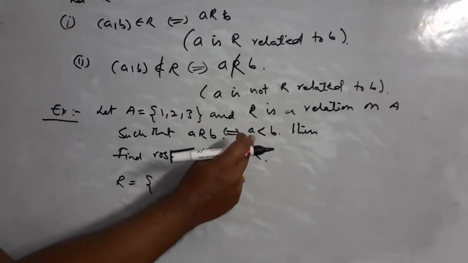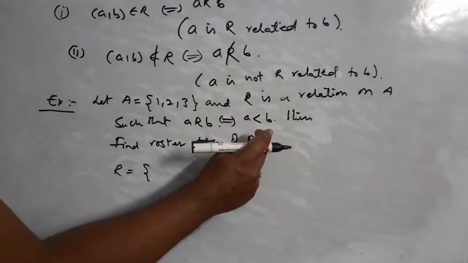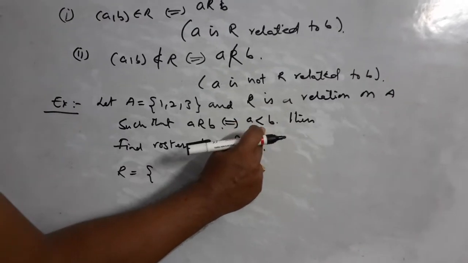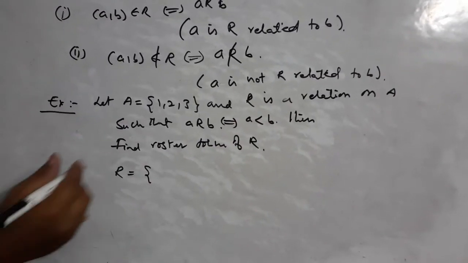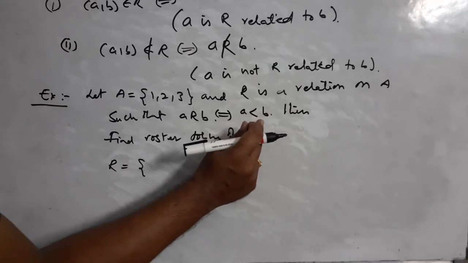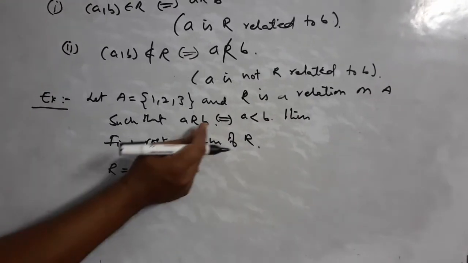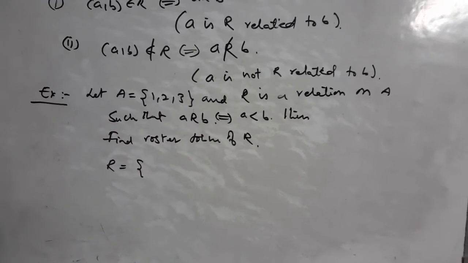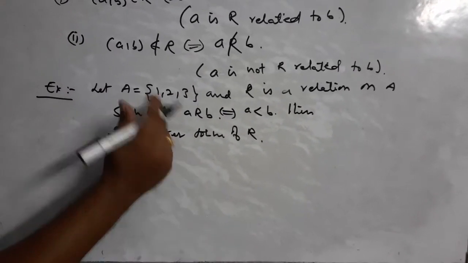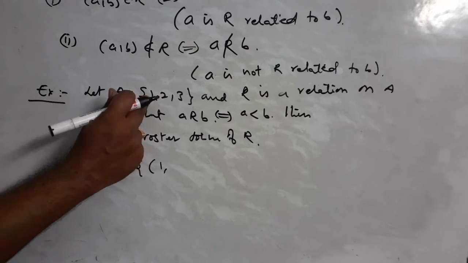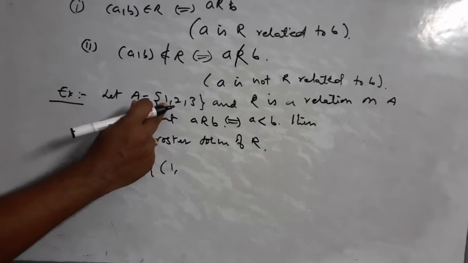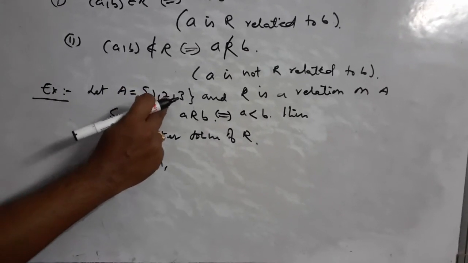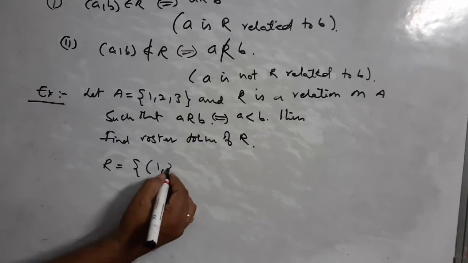Now what is the relation? a is less than b. Here the condition is that a must be less than b, that means the first coordinate should be less than the second coordinate. First, 1 is equal to 1, so it is false. 1 less than 2 is true, so (1, 2).